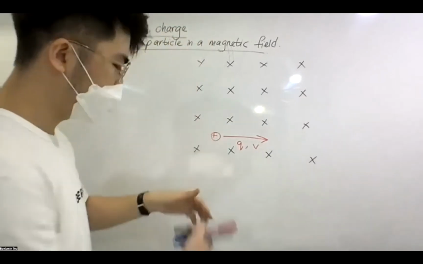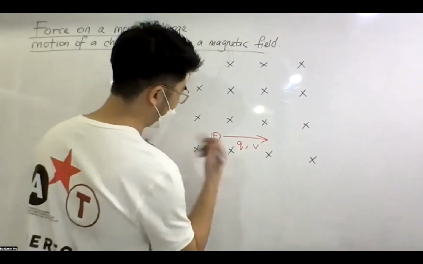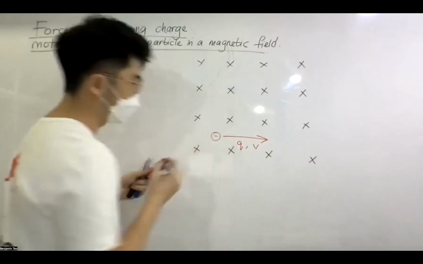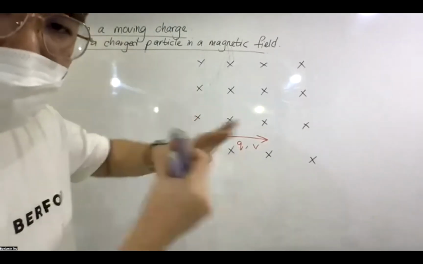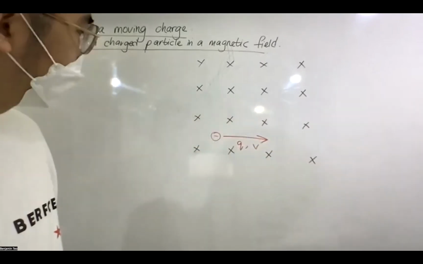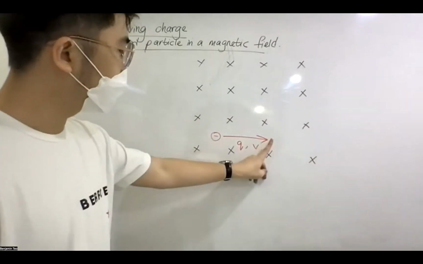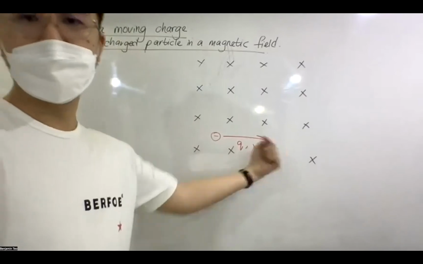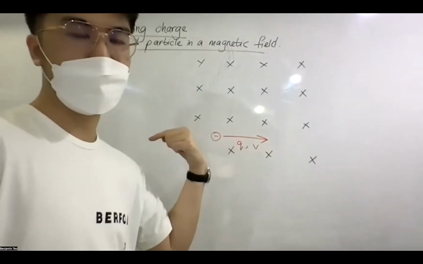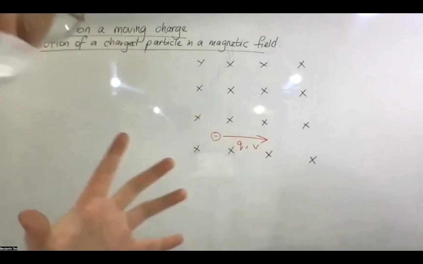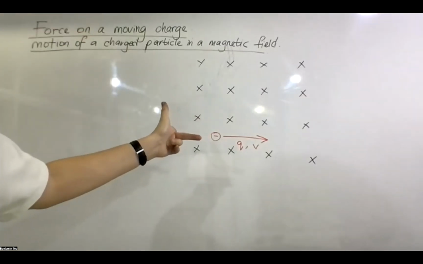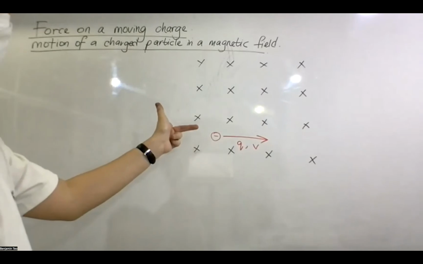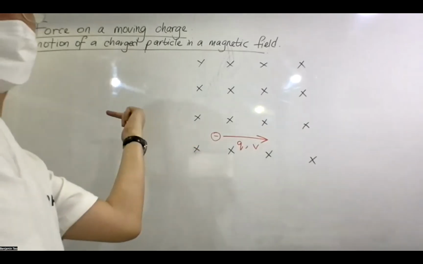But if I change this to electron, negative, electron has the opposite direction with current. So if electron flows here, where's current flowing? Current is going the opposite, right? So when I do my left-hand rule, index to the board, the middle finger I have to twist like this.